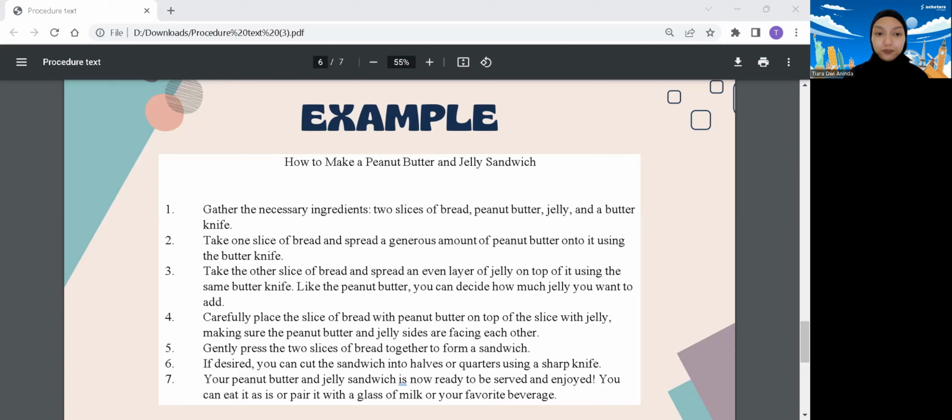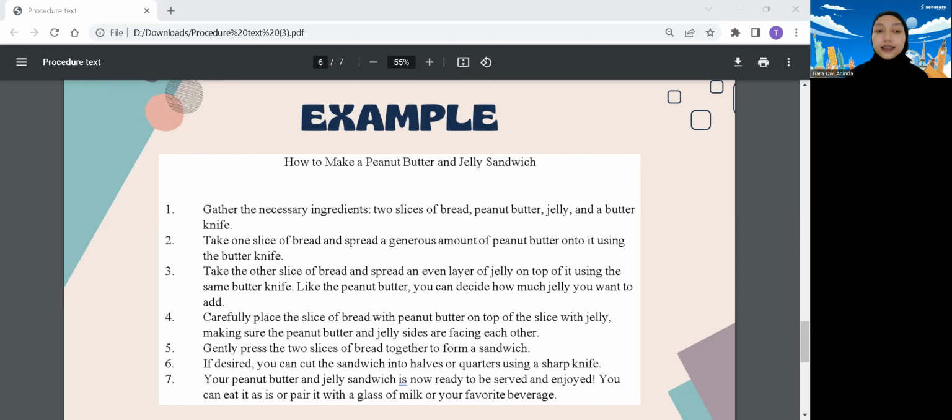So first is gather the necessary ingredients, which are two slices of bread, peanut butter, jelly, and a butter knife. In this step, make sure you have all the ingredients on hand before starting the procedure.